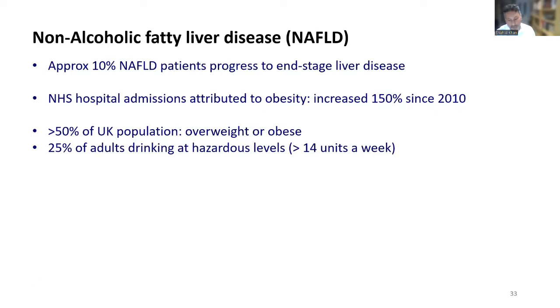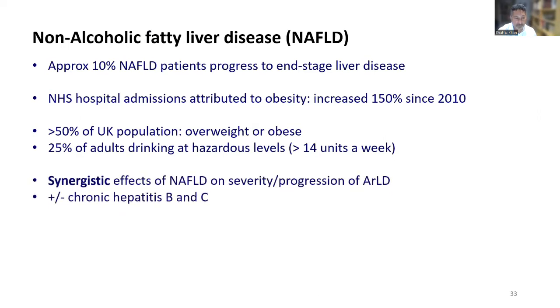Now I know that BMI is a bit of a blunt tool, and 25% of adults are believed to be drinking at hazardous levels, i.e. above the recommended limit advised by the British Liver Association of 14 units a week. There is a synergistic effect of people with NAFLD and metabolic syndrome who also drink and have ARLD, alcohol-related liver disease.